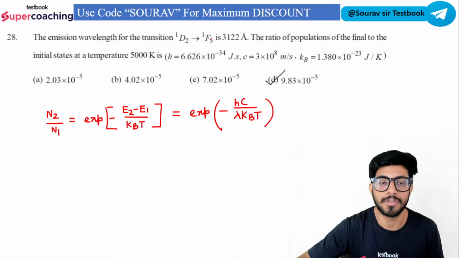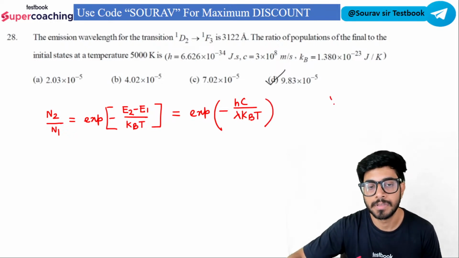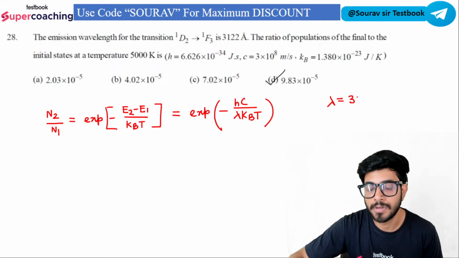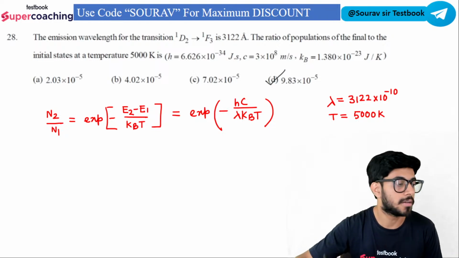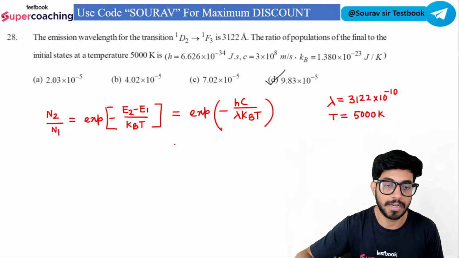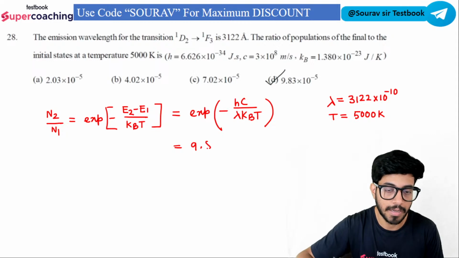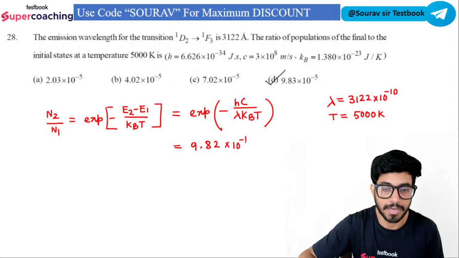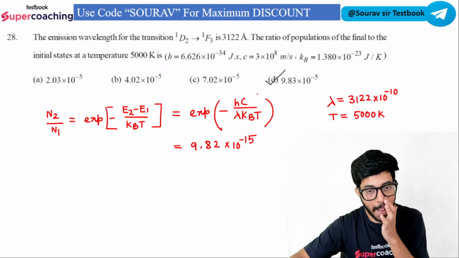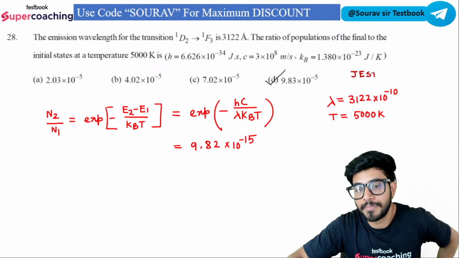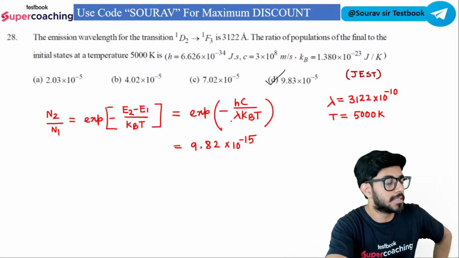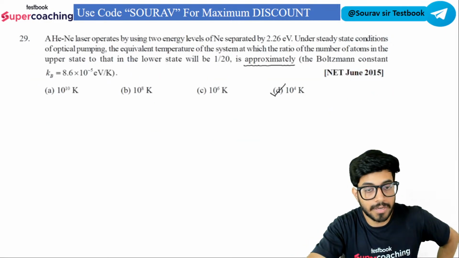You know the value of lambda and the value of T. Lambda equals 3122 into 10 to the power of minus 10. T is equal to 5000 Kelvin. Just put this over here, with c equal to 3 into 10 to the power of 8. You will get the answer 9.82 into 10 to the power of minus 15. This is the question from CSIR. That's the answer. Let's go to the next question.